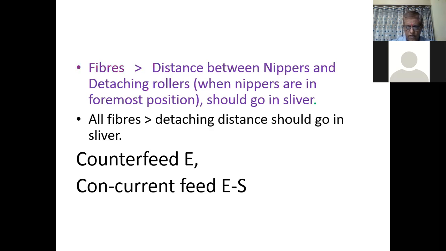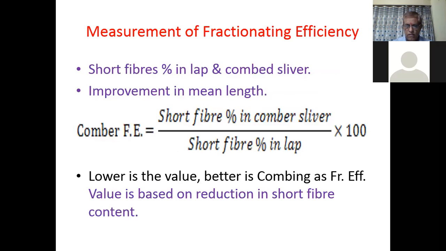In counter feed, this distance is E, and in concurrent feed, all fibers greater than E minus S go to the sliver. So these are the differences between counter feed and concurrent feed.